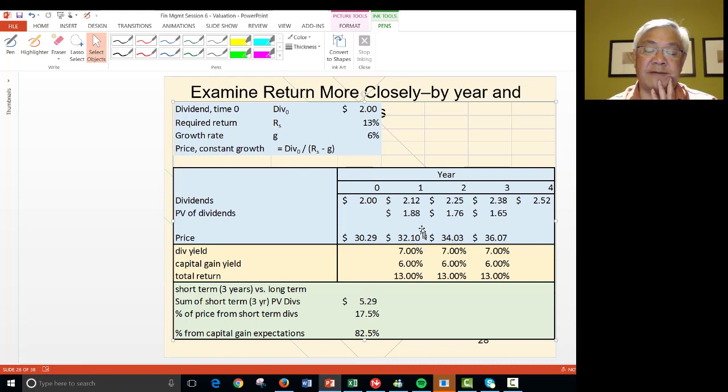for the 3 years of cash flow from dividends, and then we compared that to the value of the long-term gain. And what we see is that 82% of the value of this company is derived from the capital gain, and only 17% is derived from the present values of dividends.